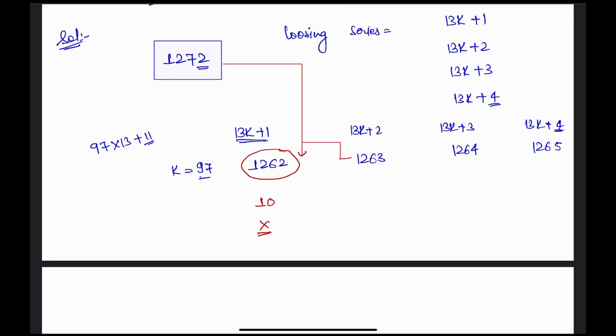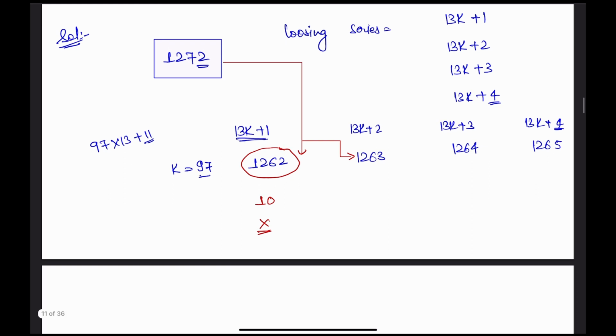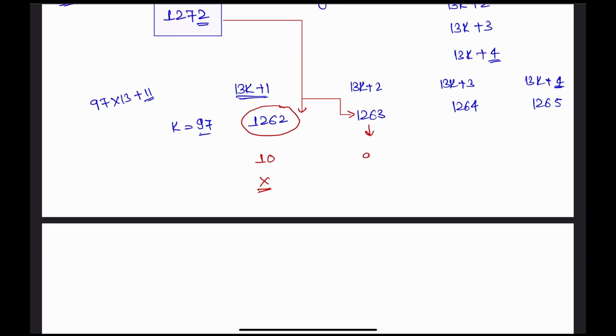Can he bring 1272 to 1263? Yes, he can by choosing 9, correct? Can he do the same for 1264? Yes, if he chooses 8, it's possible. Can he do the same for 1265? Yes, he can by choosing 7. So he can do it by choosing 9, 8 and 7.